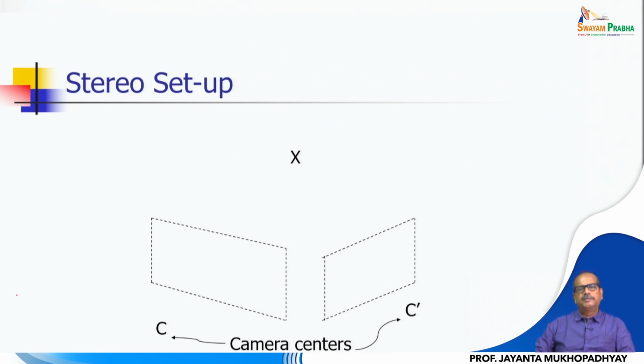As we have considered the representation of a camera for the mathematical mapping of a three-dimensional point on a two-dimensional plane, you require the camera center and again you require an image plane.